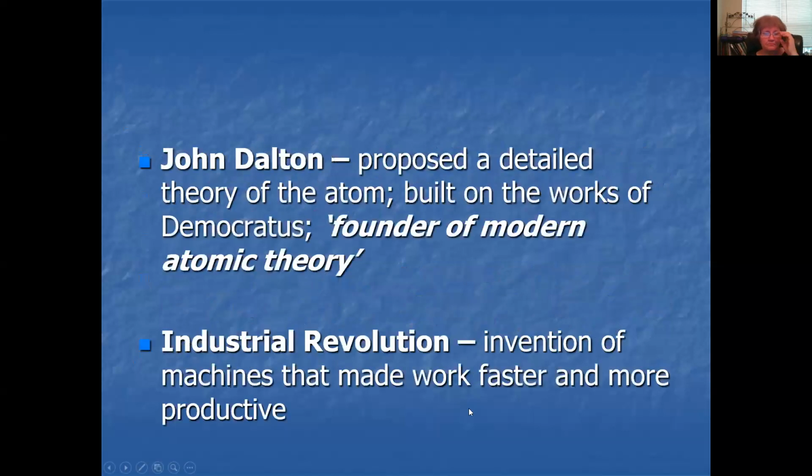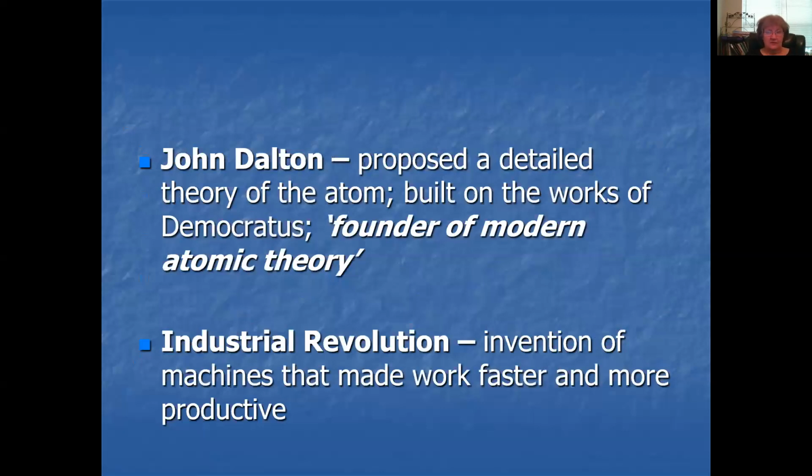Okay? John Dalton, remember Democritus? We call him the founder of atomic theory. Remember, he's the one who said everything is made of something smaller. Remember, and his teacher Leucippus. So Democritus and Leucippus kind of got us thinking about atoms. Well, here's John Dalton coming up with a much more detailed idea of what the atom is like.